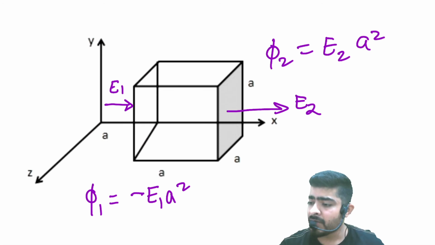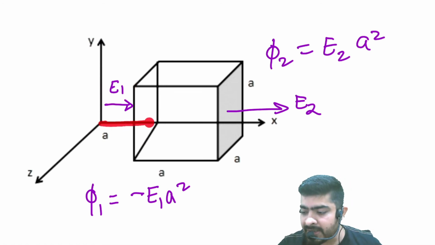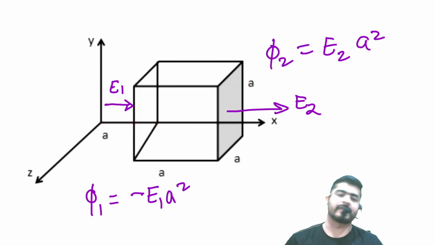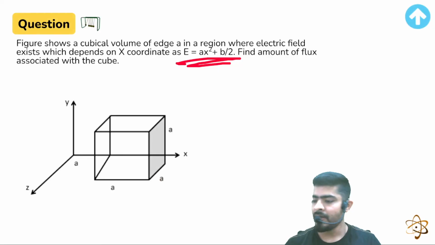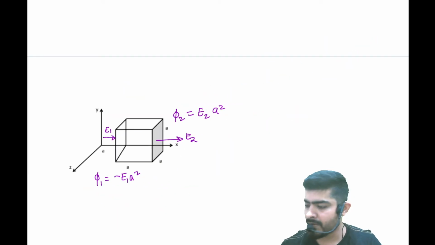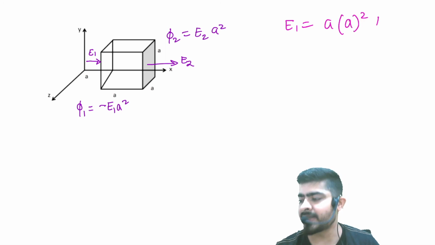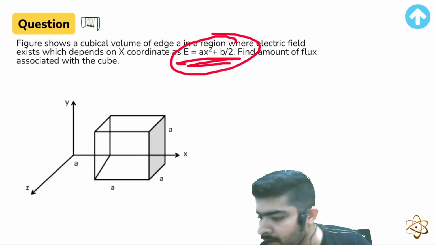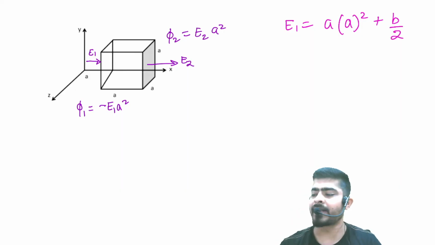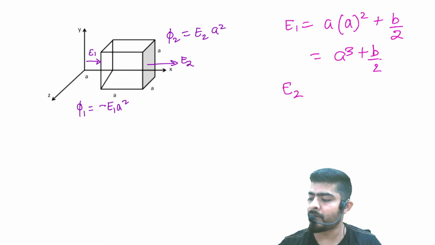So first of all, how to find E1? E1 is acting at a distance of a from the origin. So in this formula, put x equal to a. So what is E1 equal to? A x square plus b by 2, that is a square plus b by 2. So this is equal to a cube plus b by 2. What about E2?